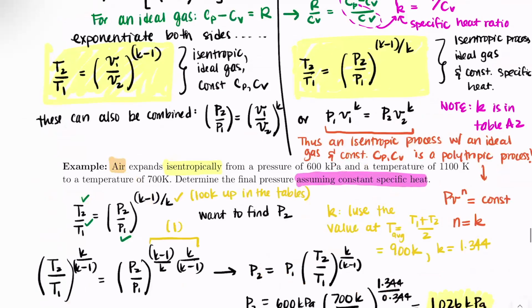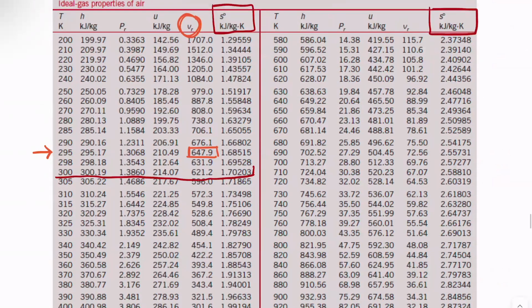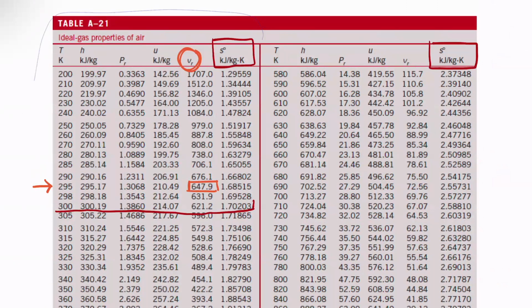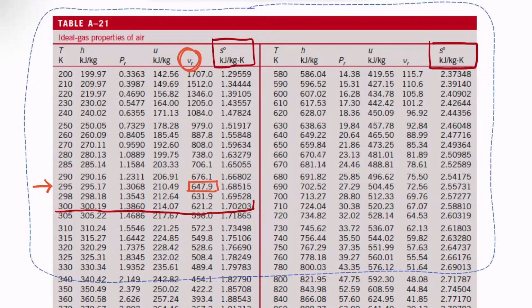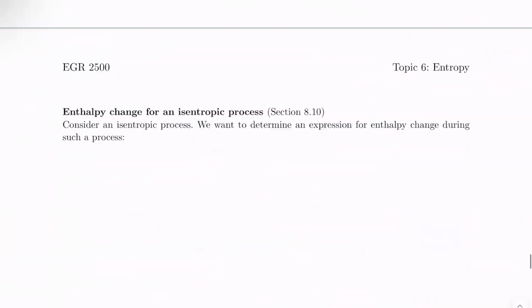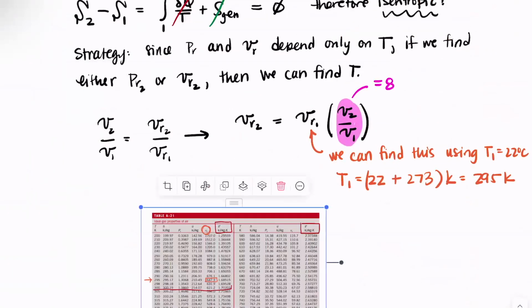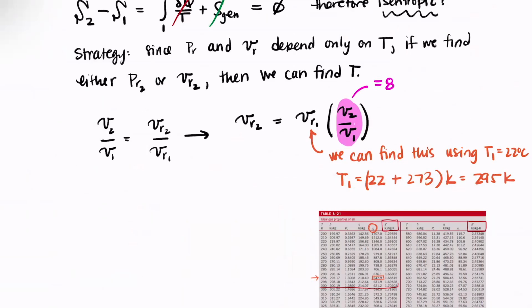I'm just going to take a little screen grab of this. Okay, so we have VR1 is equal to 647.9.